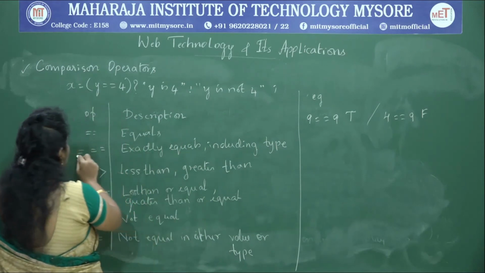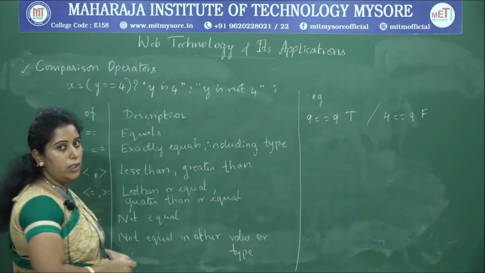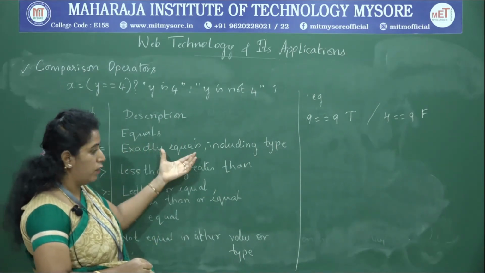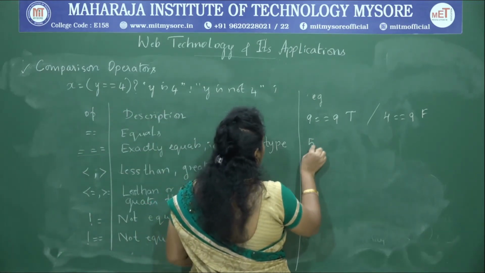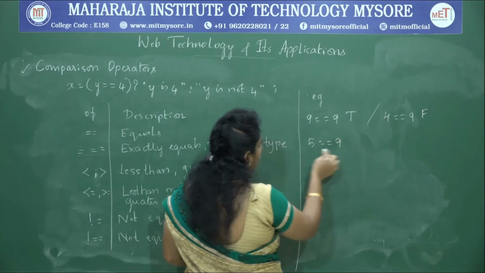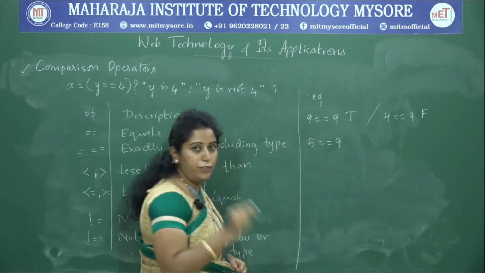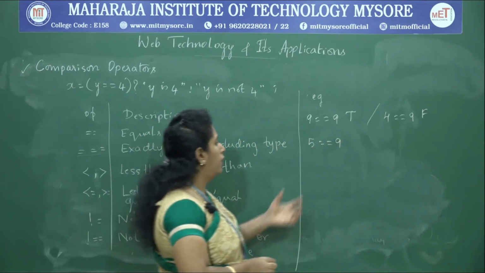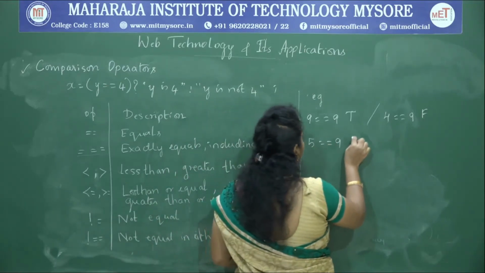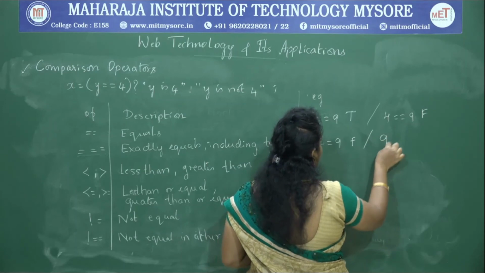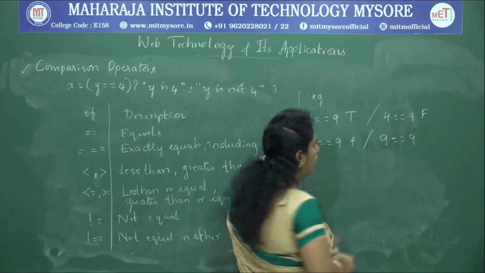Okay. So next is this operator which checks for exactly equals including type. For example, 5 is equal to 9. The type of data is the same, but is the value the same? No. So it is false. And I am going to take it in this way.